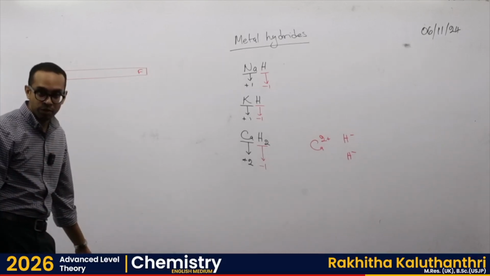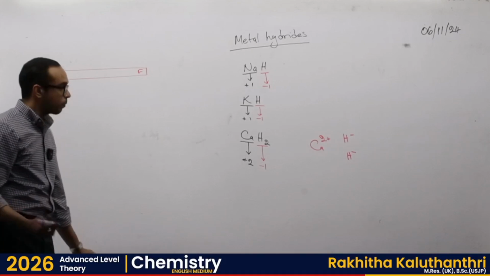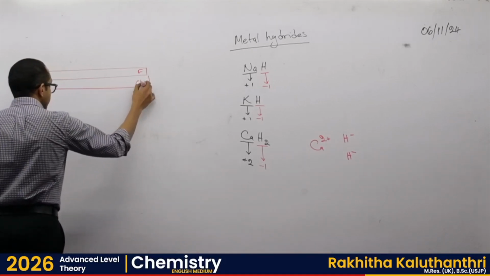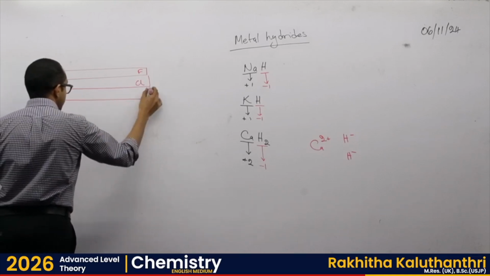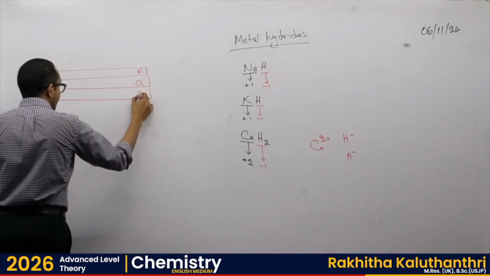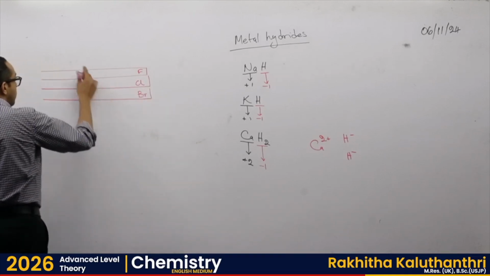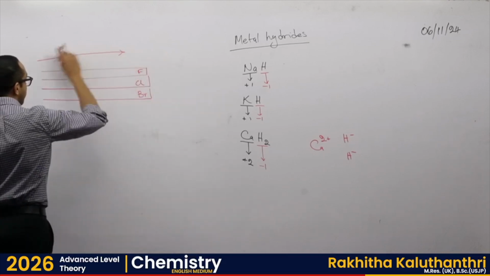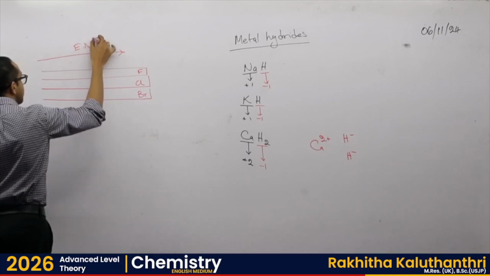Can we talk about electronegativities of noble gases? We don't, right? But if you take any period, the end of the period is usually where the electronegativity is high. I told you, as you move towards the right hand side across the periodic table, the electronegativity increases.